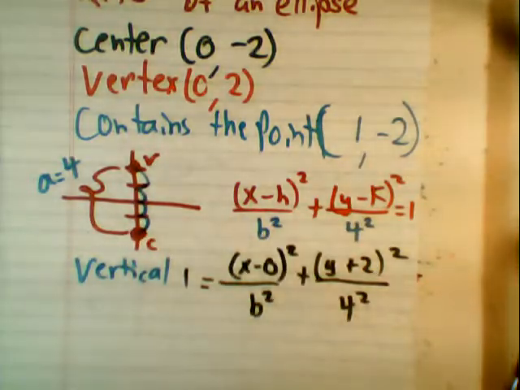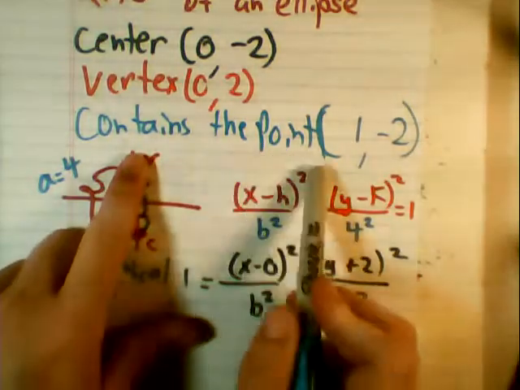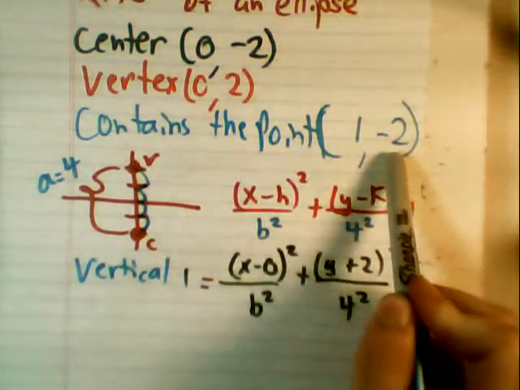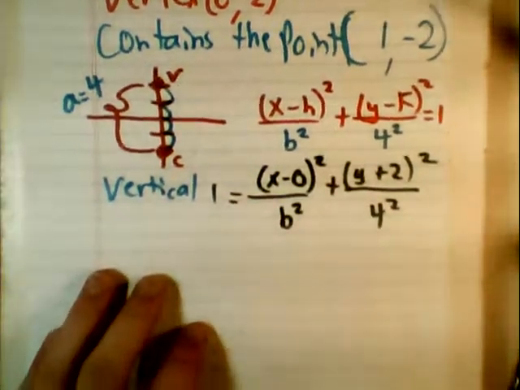Our last thing to find is our b value, because we're looking for the equation of the ellipse. To find our b value, we're going to use the fact that it contains the point (1, -2). We're going to plug the x and the y in and solve for b. So I'm going to push this down.